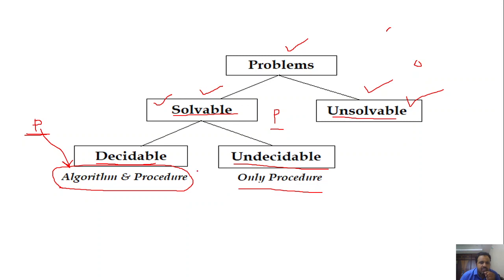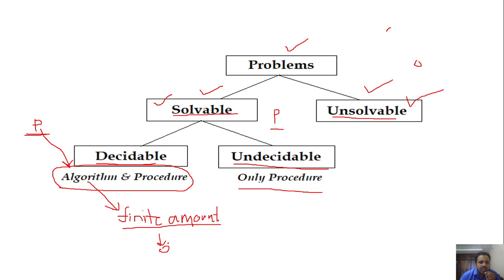Okay, so this is the time to discuss the difference between algorithm and procedure. An algorithm is going to have some finite time. That means the algorithm will take some finite amount of time to execute, and after that finite amount of time it is going to give an output, right?